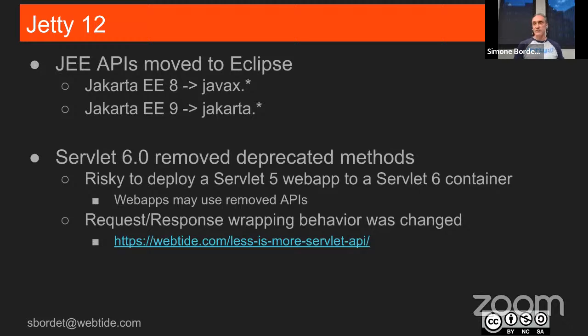And so now if you try to deploy a web application written against Jakarta EE9 into a Servlet 6.0 EE10 application server, if that application uses some of the methods that are now removed, it doesn't work anymore at runtime, right? So now you have a problem, and it's going to be complicated.